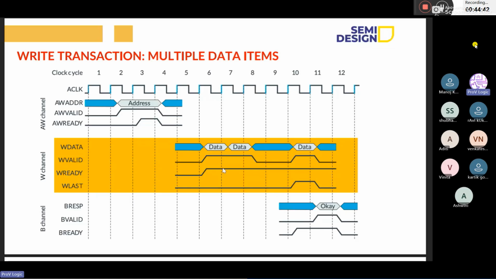If you see here, whenever valid is high and ready is high, only then is the write transaction done. If valid is 0 or ready is 0, the data is not acceptable.